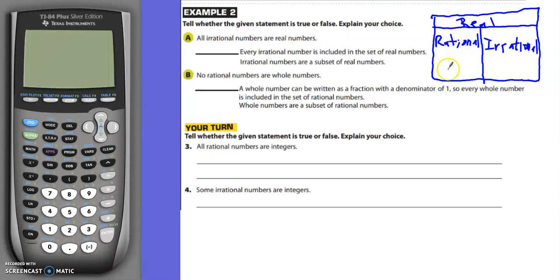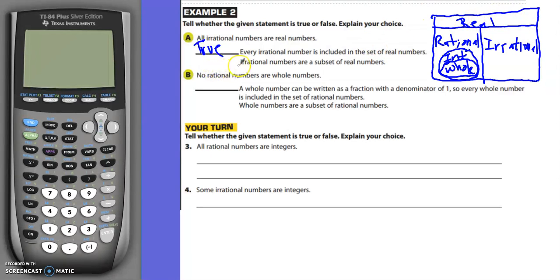And if we want to be even more specific, we have the whole and then we have the integer. I'll just abbreviate it, int. Alright, so all irrational numbers are real numbers. That's true. Every irrational number is a part of the real number system. So that is true. Every irrational number is included in the set of real numbers. Irrational numbers are a subset of real numbers.